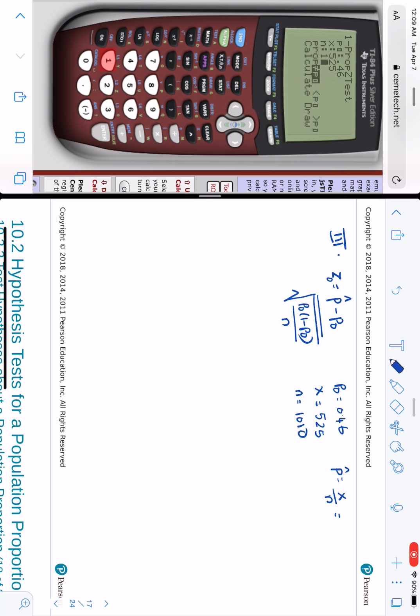525, 1010, P0, and B calculate. So the sample proportion is P hat, and it is 0.5198.